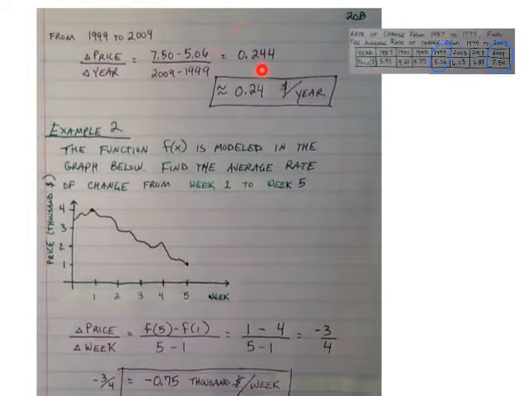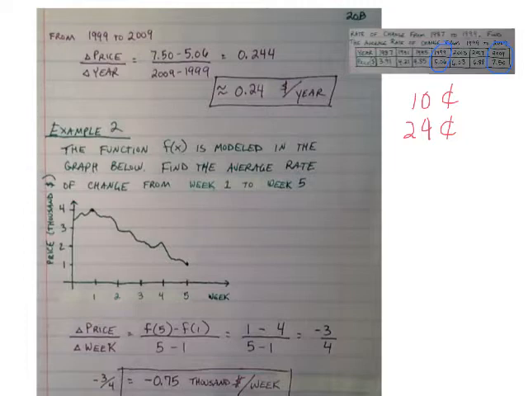And we find that it is approximately, or exactly, 0.244, which means that ticket prices were rising at nearly a quarter a year. So originally, in the first window, we were going up by 10 cents per year, and then we're going up by 24 cents per year. So nearly 2.5 times as much in the latter half of that chart.